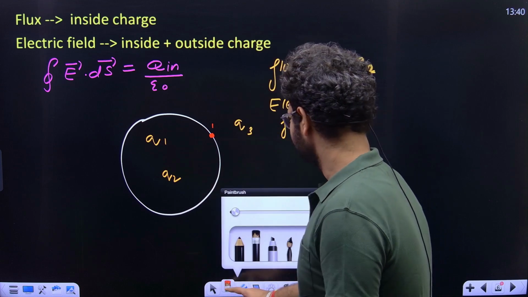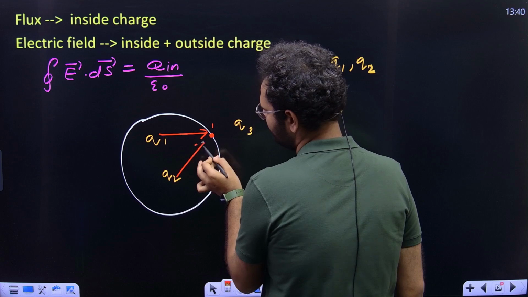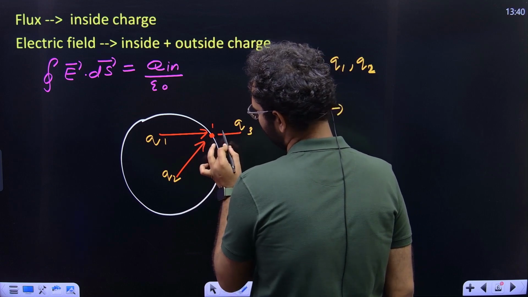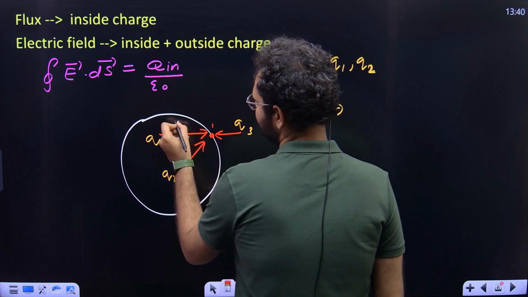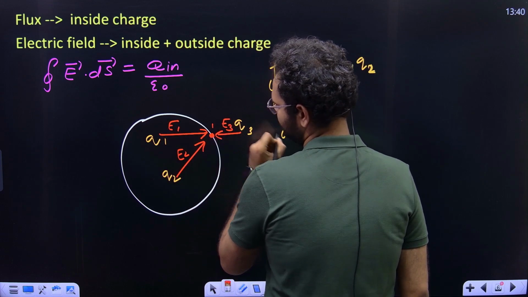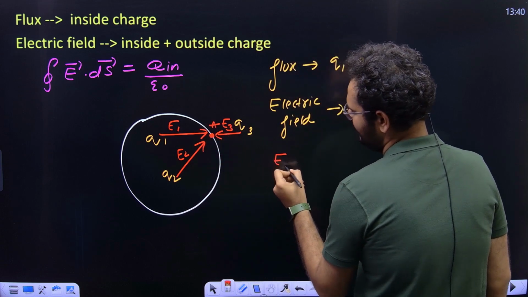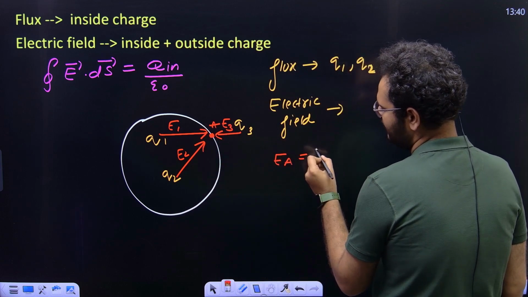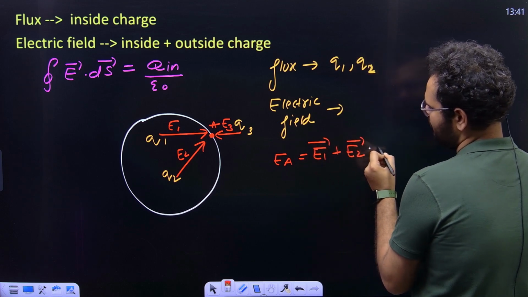Because see here, the field line due to Q1 will be like this, due to Q2 the field line will be like this, and due to Q3 like this, and the net field, let us say these are E1, E2, E3, and this is point A. So when I write EA, it is nothing but the vector addition of E1 plus E2 plus E3.